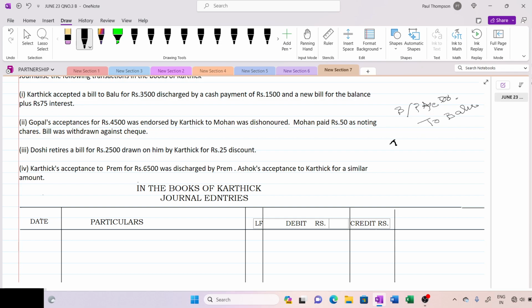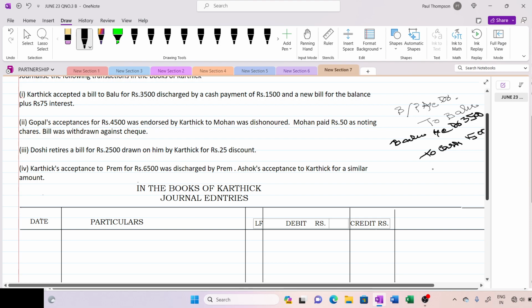Again you can make Balu account to debit 3,500 and now he has made cash payment of 1,500 and the balance amount is 2,000. For that, he has accepted a new bill.